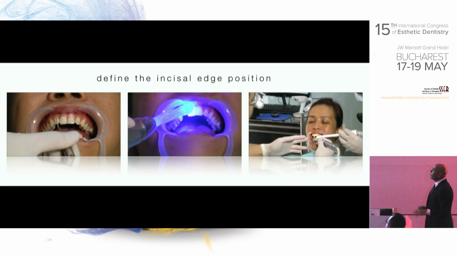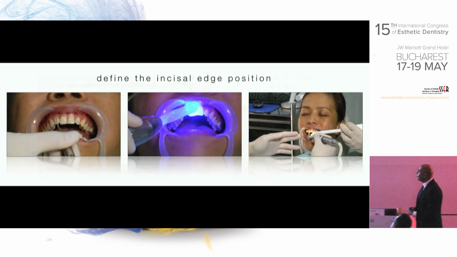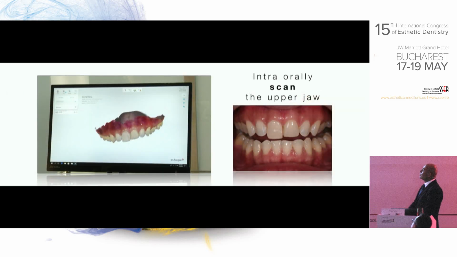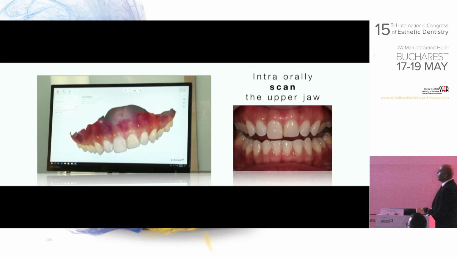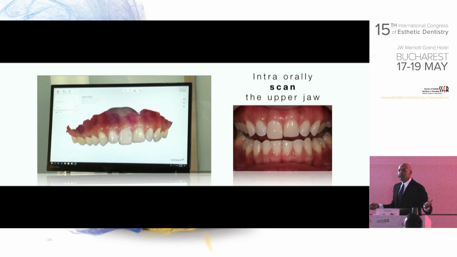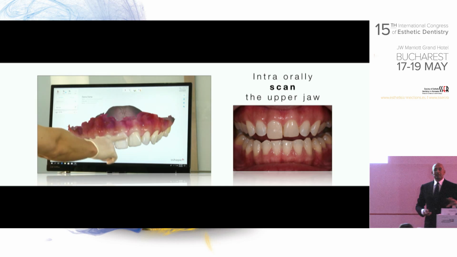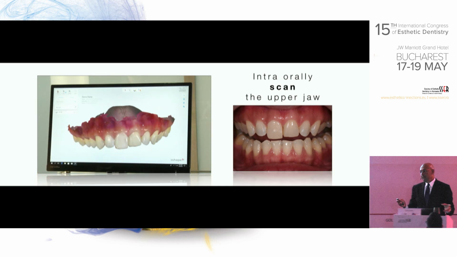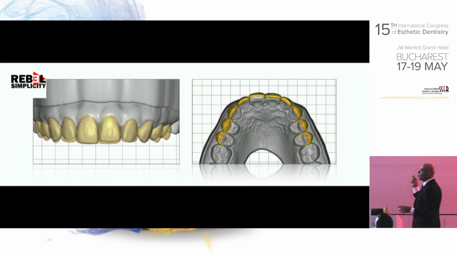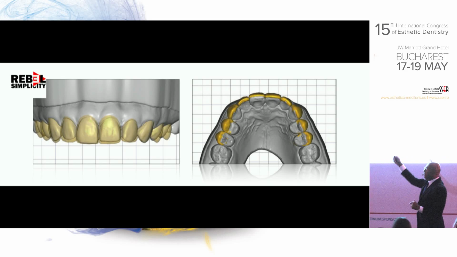And once you have the incisal edge position ready, you will only need to scan it. I don't care which digital scanner you use. Every scanner scans it, but at the end of the day, you need an STL file. And now all the scanners do it. This goes to Rebel. Immediately you see the design. You see which teeth to be lengthened, and even towards the soft tissue, which teeth to be positioned over the soft tissues.